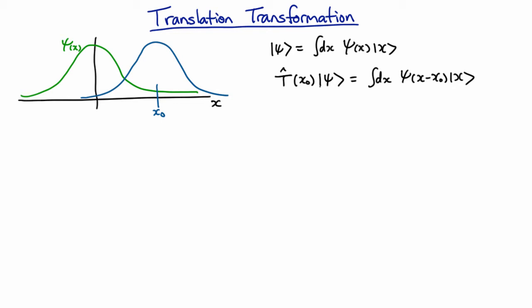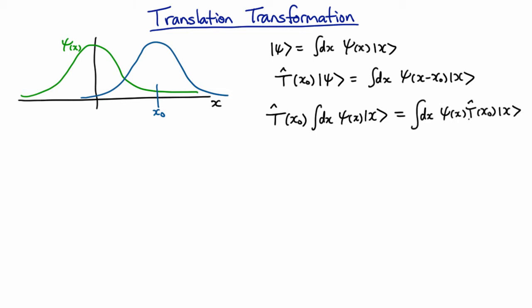Okay, so how are we going to construct that? What kind of operator does this? Well, as you can see, supposing we expand this out, this is an operator, so it can go through the sum. Integrals are sums, remember? It can go through complex numbers, they don't do anything. So this is the same as this. So this translation operator acting on that has to work that way.